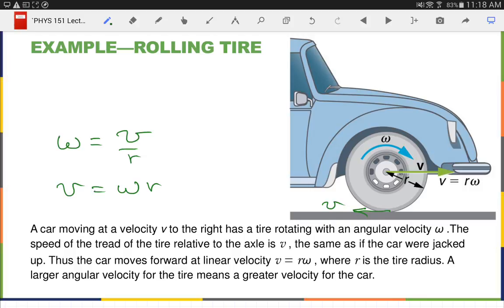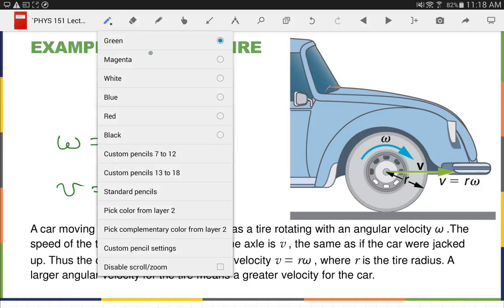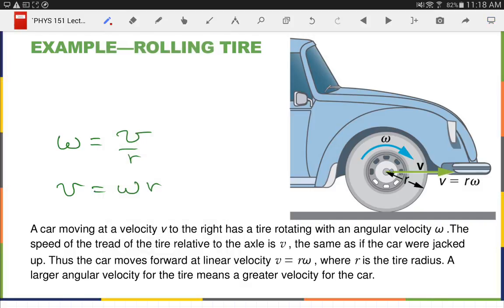And of course, if the ground is moving at speed v with respect to the center of the tire, then I can just reverse my reference frames and say, with respect to the earth, the car is moving forward with speed v equals omega r. So you can easily translate back and forth between the speed at which a car is traveling and the angular velocity at which the tires are rotating. But notice it depends on the radius.